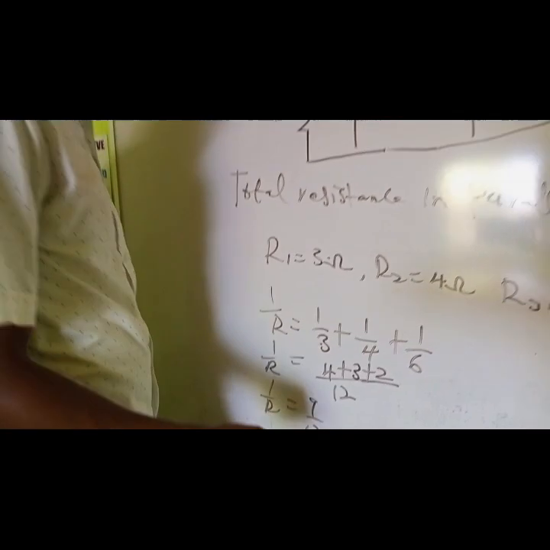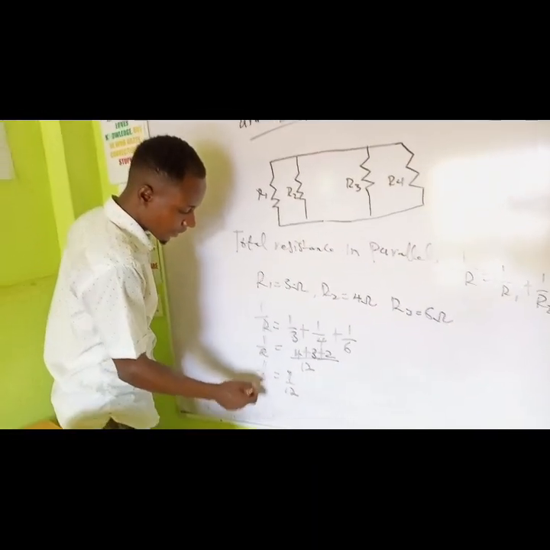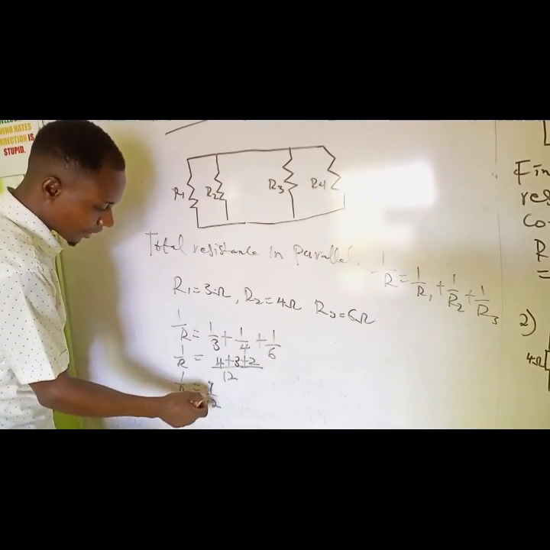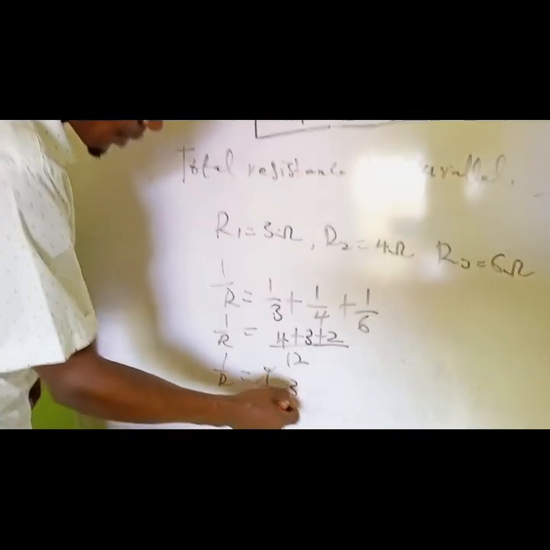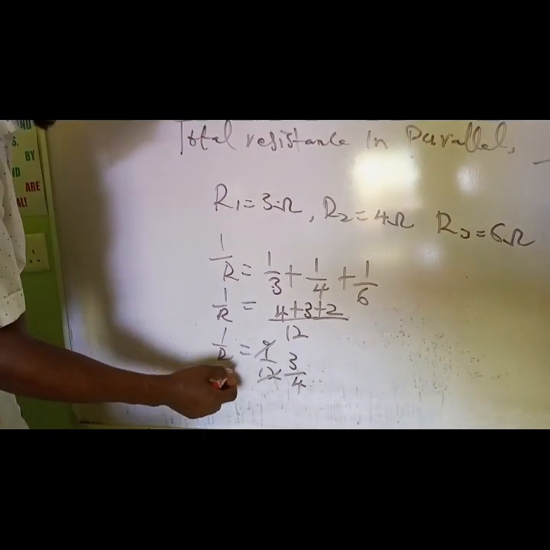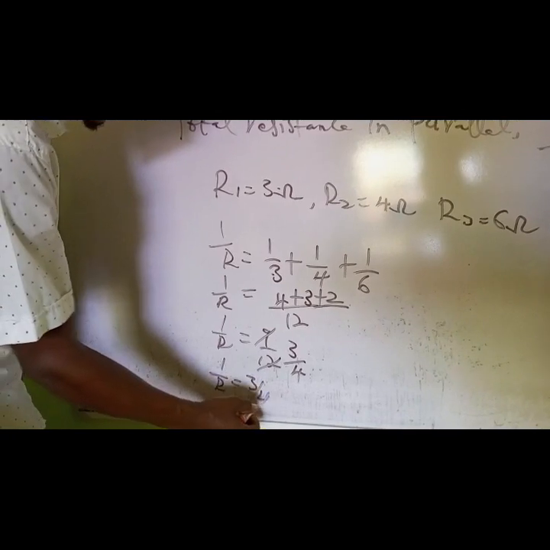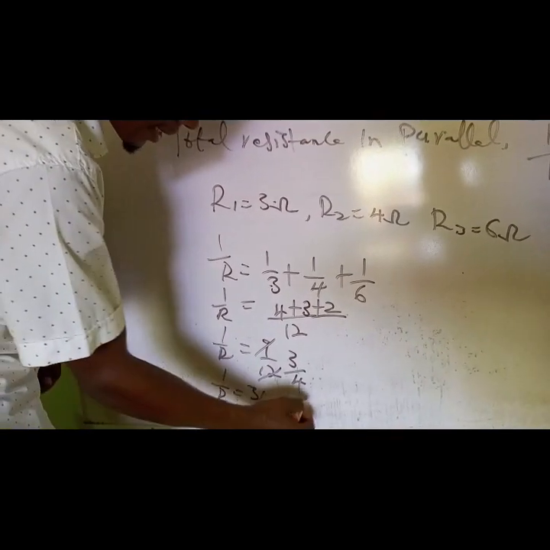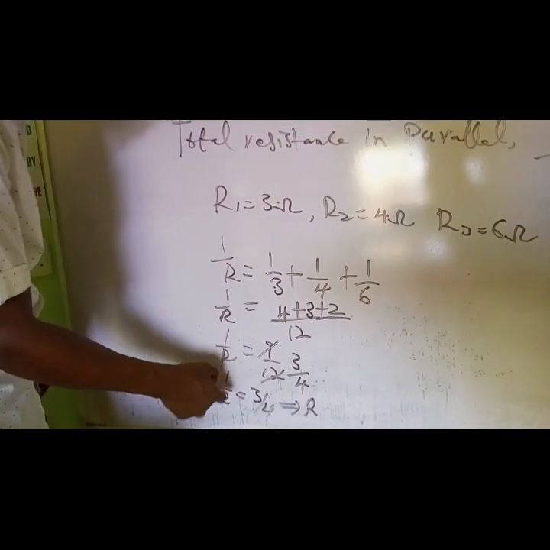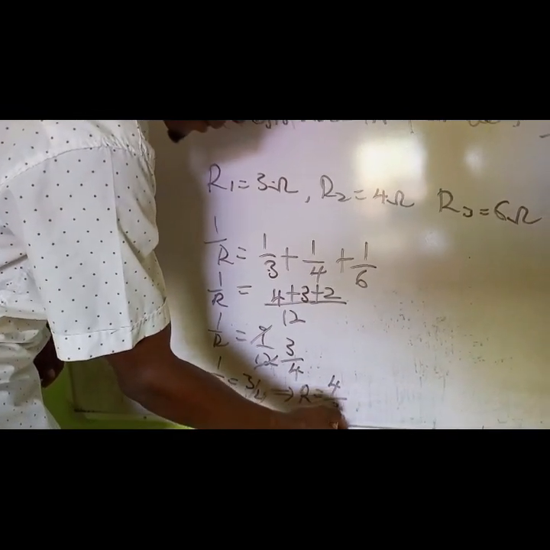So for us to actually get our resistance, let's break this down a little bit. This 3 will go here, it becomes 3. Go here, it becomes what? 4. So which means that our 1 over R is equal to 3 over 4. And this also implies that our resistance, if we remove the reciprocal sign, we are going to have 4 over 3.